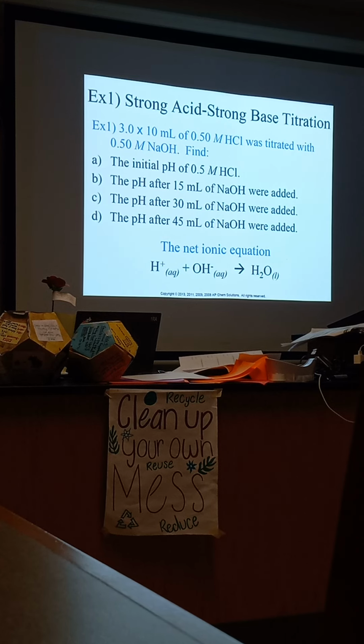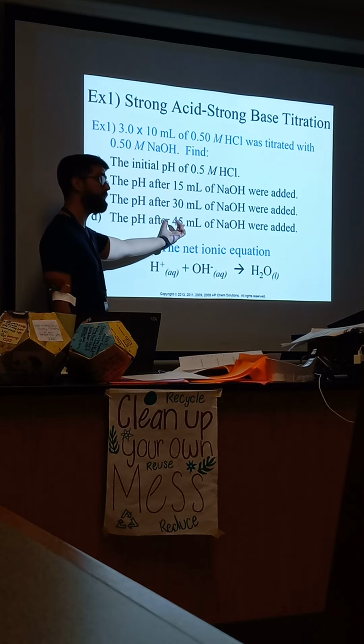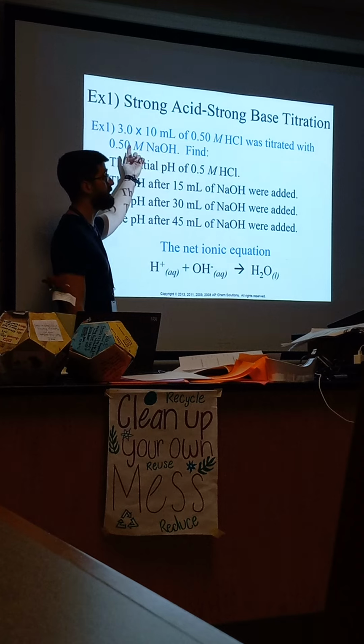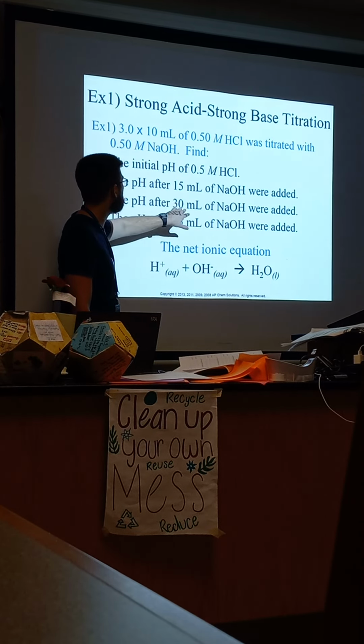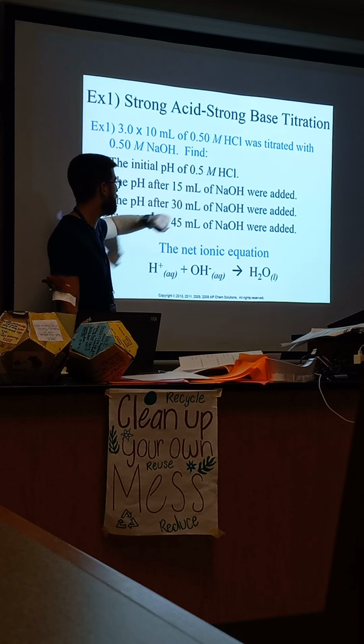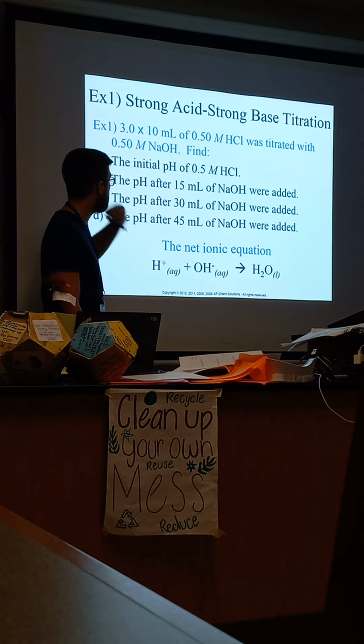Why? Because you're adding more moles of NaOH than you have moles of HCl. And we know it's more moles because when we convert to liters and multiply by the concentration, its number is going to be higher than for any of these three. Okay, very good.